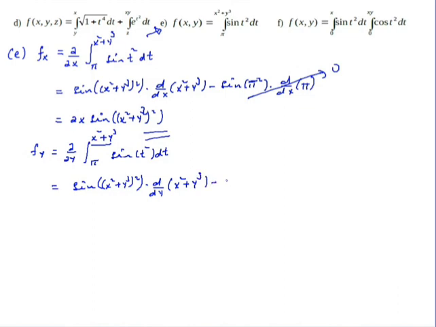Minus sine of, in place of t we substitute pi, times the derivative of pi with respect to y. Again this is 0. So here we have 3y square. Therefore this becomes 3y square times sine of x square plus y cube the whole square. This is fy.